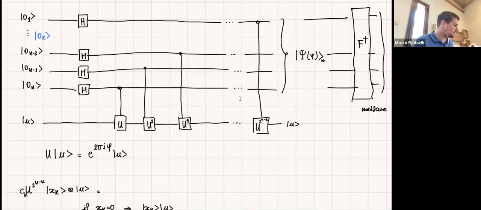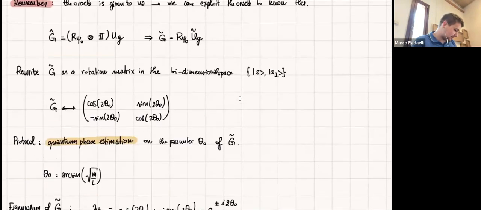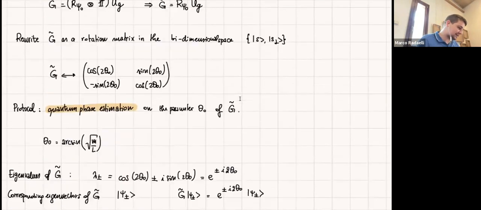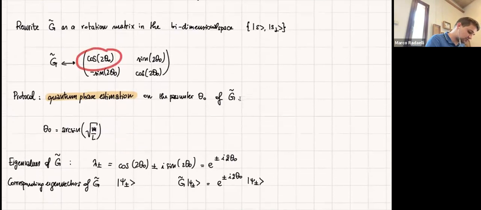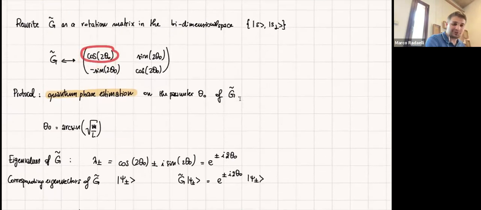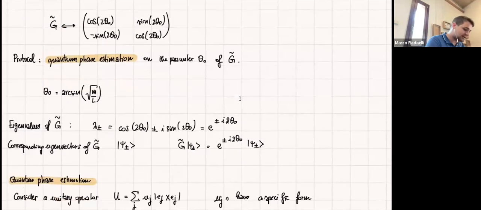How do we do it for the quantum counting case? We estimate the parameter which is encoded in here. So we use this unitary to start: we use the quantum phase estimation on this specific unitary.